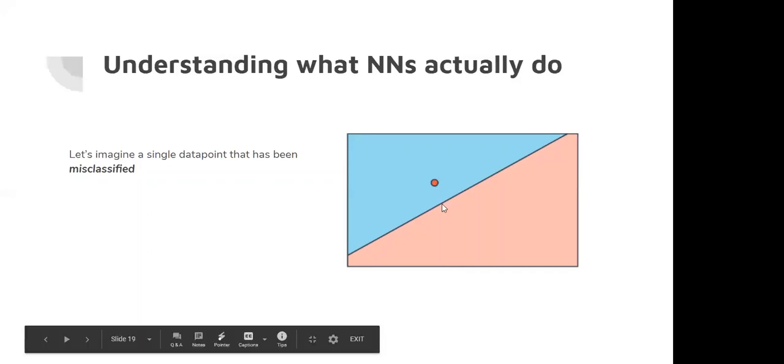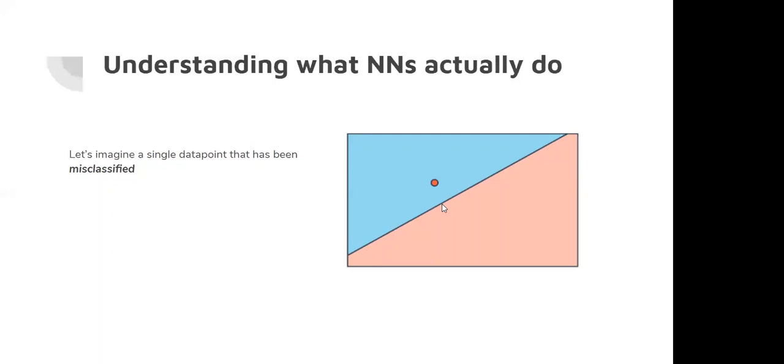Whether you want this decision boundary to go away from it or towards it. Think about it. What you actually want is for this line to come towards the point, so that this point becomes properly classified, because this is a red point and should be in the red zone.